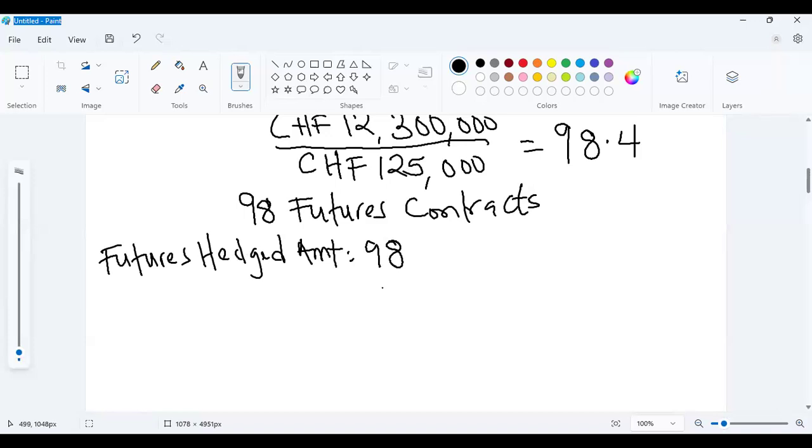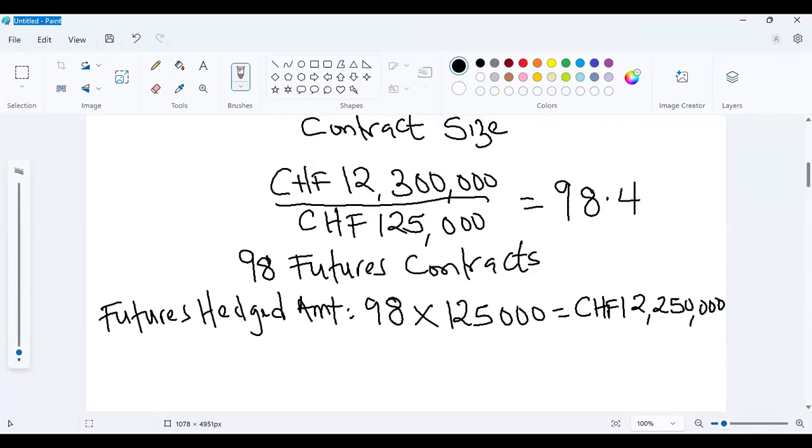Now, please multiply 98 by 125,000. What is the amount, please? You are going to get in CHF 12,250,000 if you work that out.